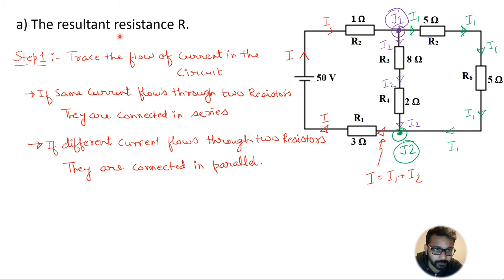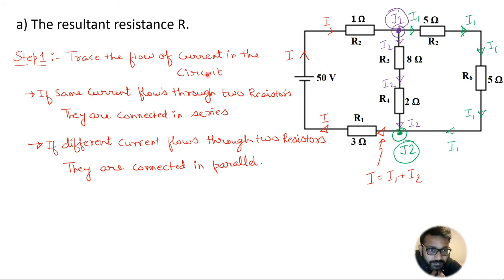By the end of this part, I should be able to find a single value of resistance which represents all these resistances. So I have to reduce all these 6 resistances into a single resistance. There are certain steps which I find quite useful for solving this type of numerical, and I'm going to share them with you.